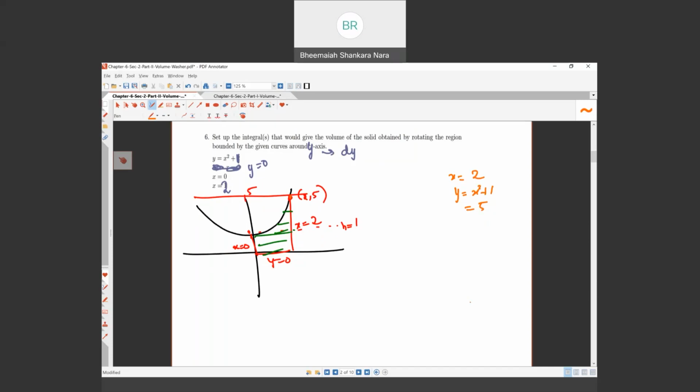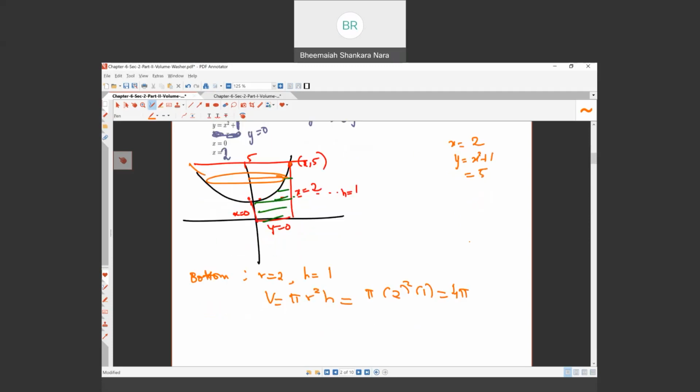So the concentric circles will be this one here, and here is the small radius. So we have bottom of the curve, which is r equal to 2, h equal to 1, and the volume will be pi r square h. So it's pi times 2 square times 1, which is 4 pi.